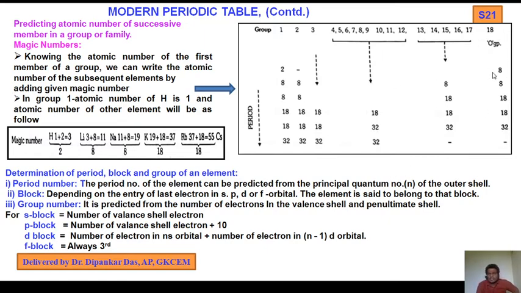In the p block, this is the 8, this is the 2. First here if you see this 8, then 8, 18, then 8, 8, then 18, then 18, then 32. In case of inert gases, 8, 8, 18, 18, 32.